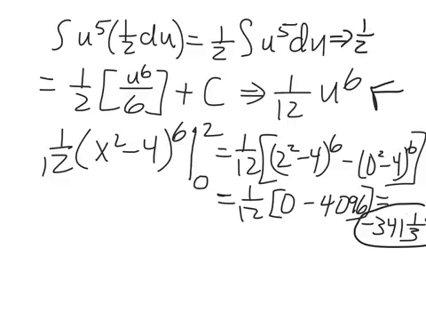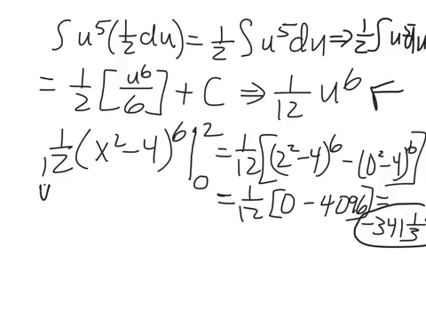Now, our integral limits originally are in terms of x. The dx at the end of our original problem says we're evaluating this with respect to x from x equals 0 to x equals 2.